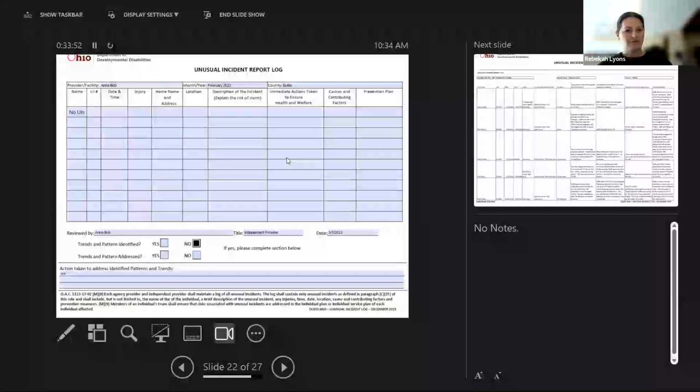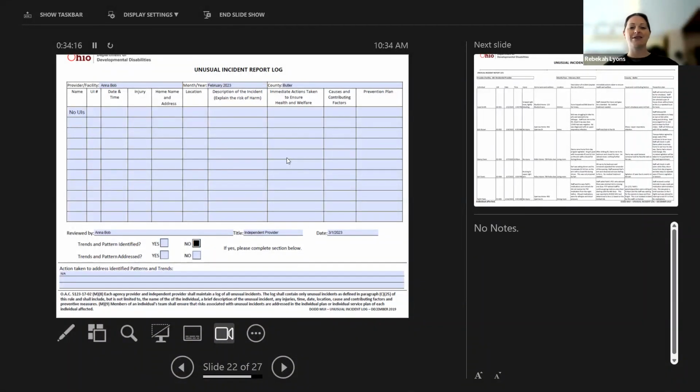So moving forward to UI report logs. This is an example of one to send in if you didn't have any UIs, and that's typical especially for independent providers or smaller agencies. There could be months where you just don't have anything reportable. Butler County used to accept an email saying there were no UIs for this month.